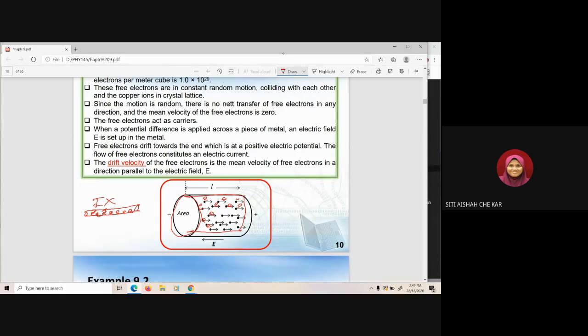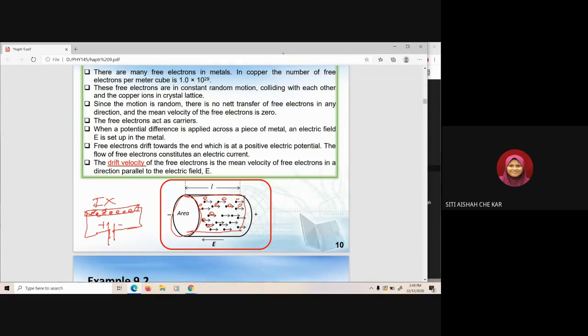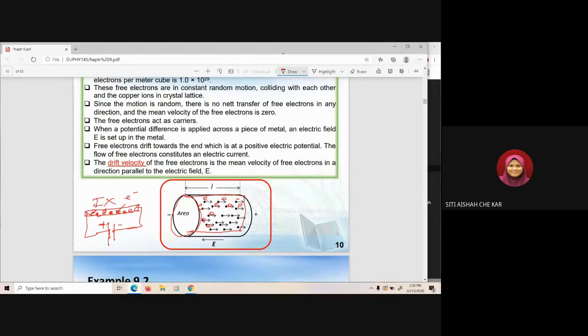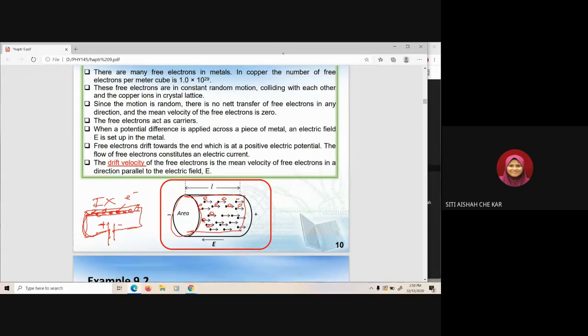So no current flows. But if we connect this wire to a certain power supply such as a battery, positive and negative, the electrons will be attracted to the positive polarity because the electron is negative. When they sense the positive charge, they are attracted, so all the electrons in this wire flow in the same direction.